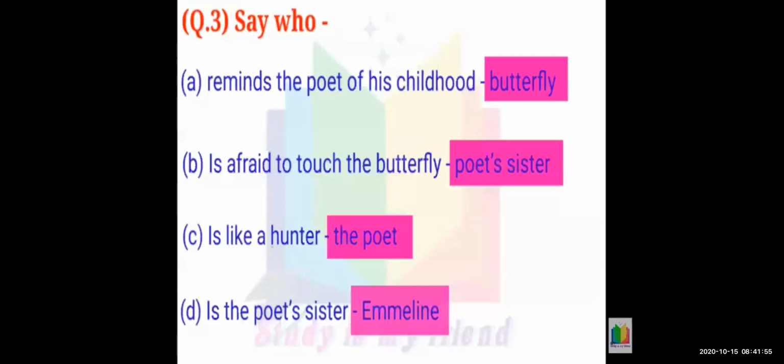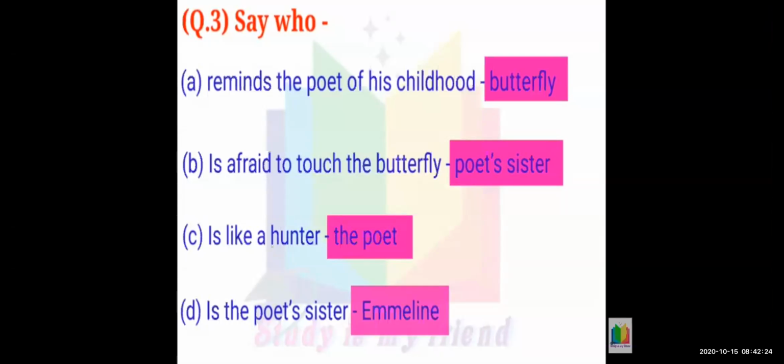The poet tells us that these orchards, means these gardens, belong to the poet and his sister Emmeline. These little butterflies give them leisure, and the poet likes his childhood days very much. How did they enjoy with butterflies in the garden?